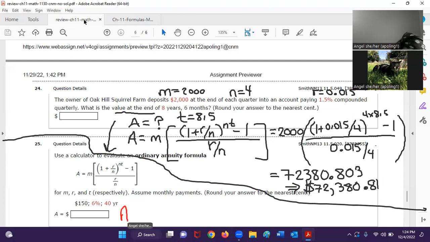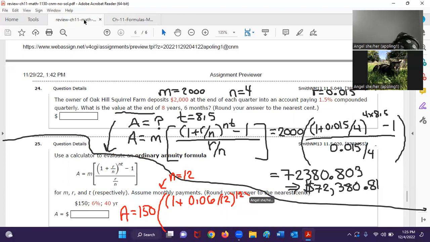So A is $150 times 1 plus 0.06 divided by monthly. So N equals 12 in parentheses.